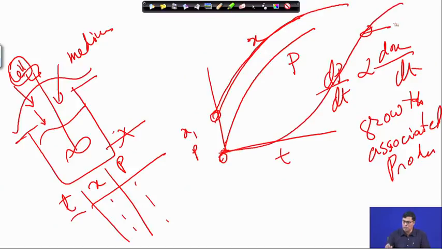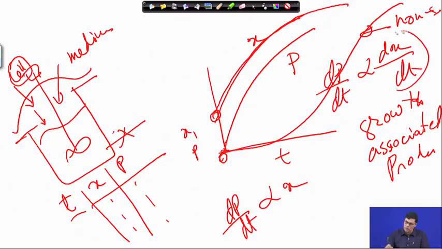This is an example of a non-growth associated product. At that situation, dp by dt will be proportional to x. It will not be proportional to dx by dt.